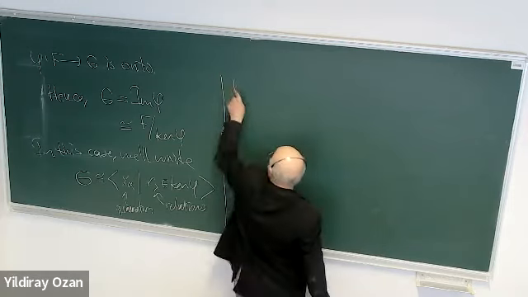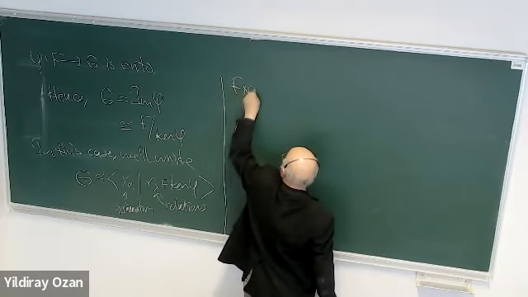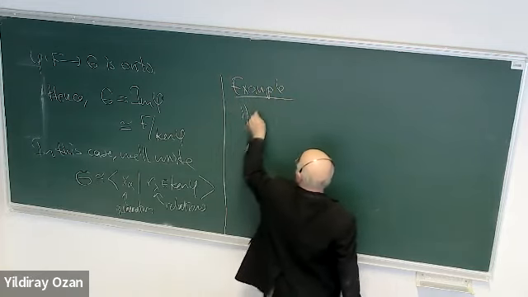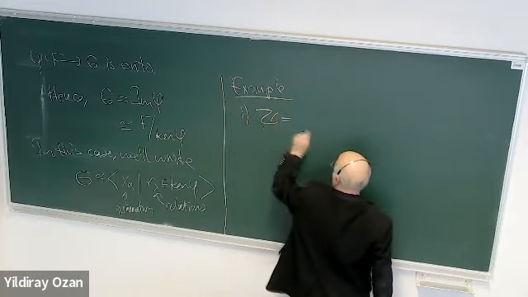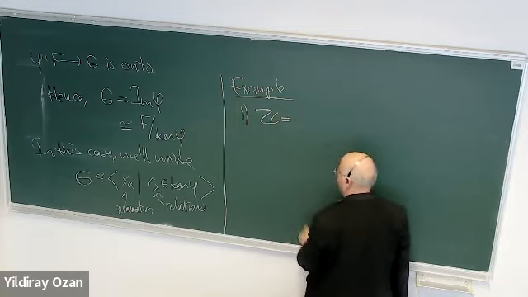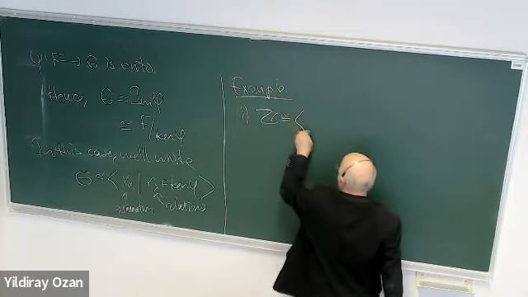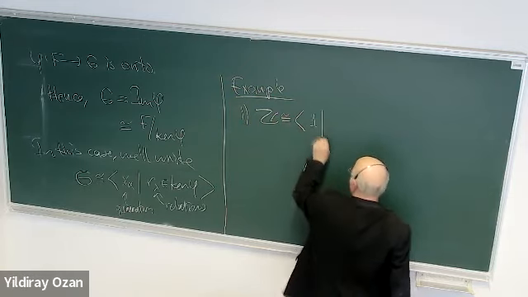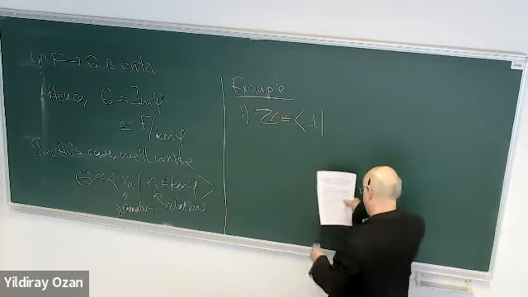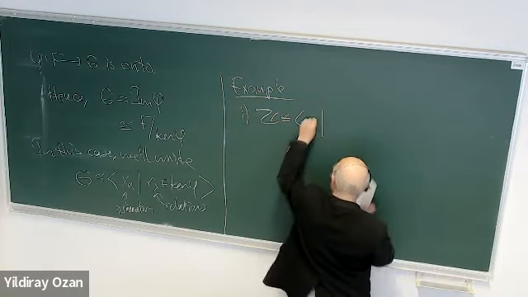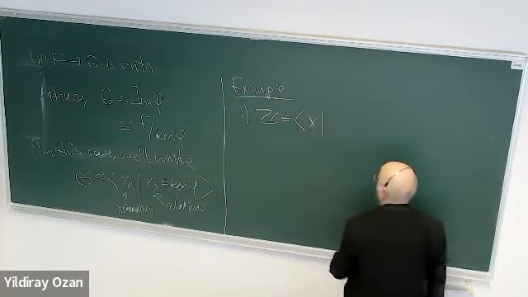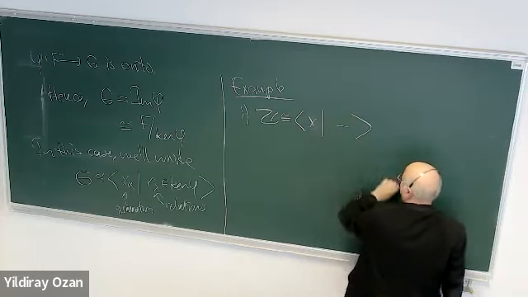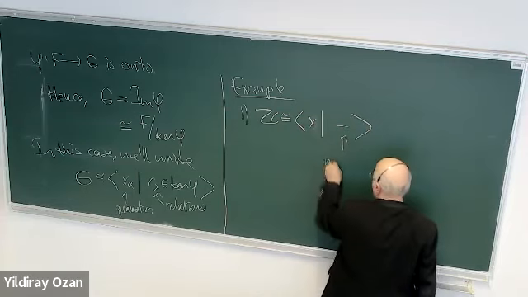For example, we can write Z as follows. Z is generated by one element. Let's say, yok şöyle yazayım, X diye yazayım. One element, and there is no relation. Okay, no relation.